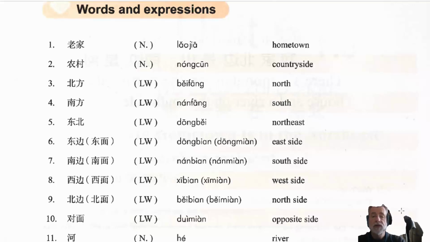Next word, countryside. 农村. I guess another way we would refer to the countryside in Australia would be to say rural areas. If you look at the characters, nong means agriculture. Cun means a village. So that's where we get countryside from.